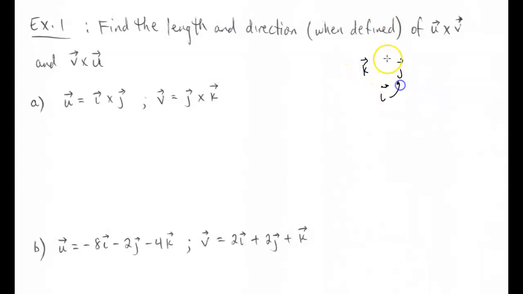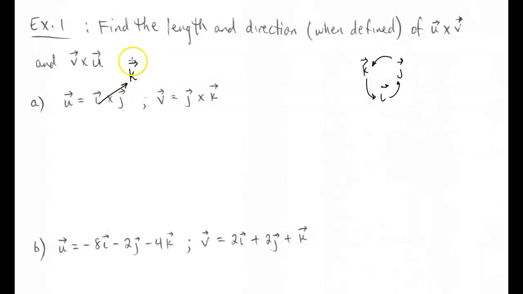And so this lets us know that if I go i cross j, then what comes after that is k. So all this is just going to be the vector k.